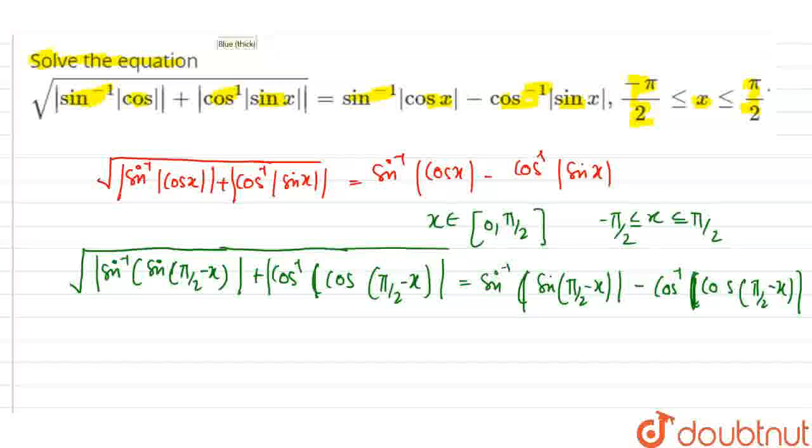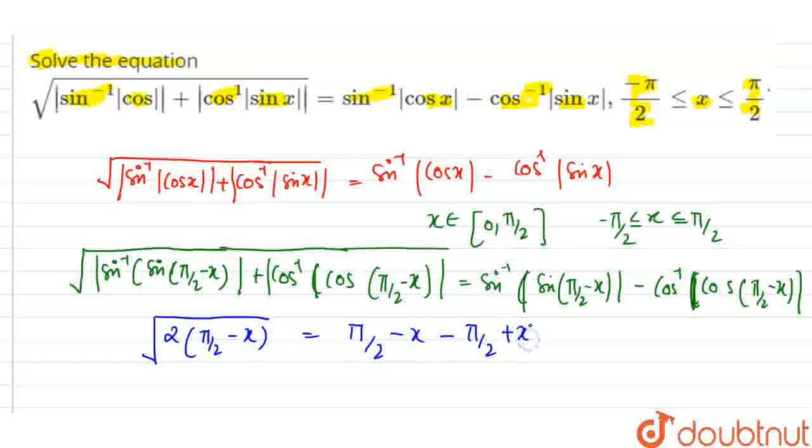So similarly what we are going to get is the root of 2 times pi by 2 minus x, which is equal to pi by 2 minus x minus pi by 2 plus x, right?